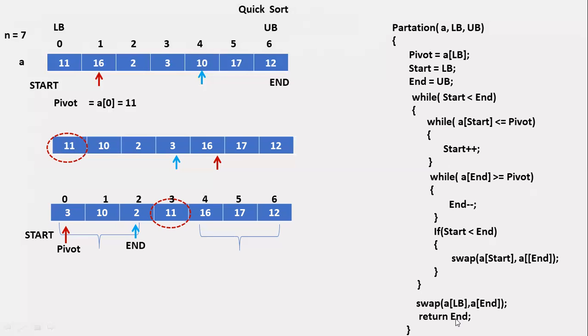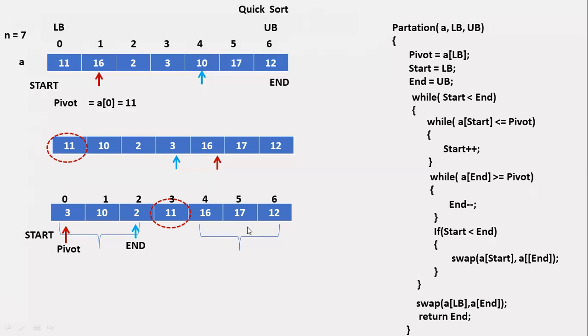Can anyone say why we have to return this end value? Because when we know this particular location, then only we can divide it into two partitions. So here when I return the end value, what is the end value? End value is 3. So when I return this particular 3 value, I know that I can divide the partition into this part and this part.